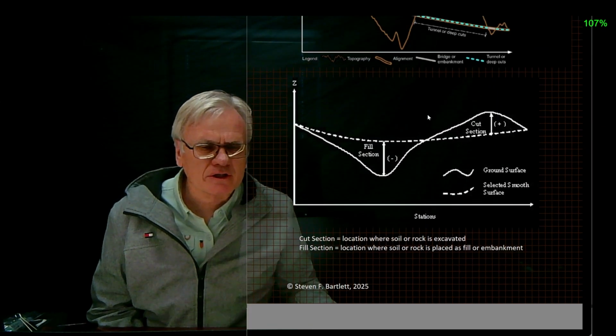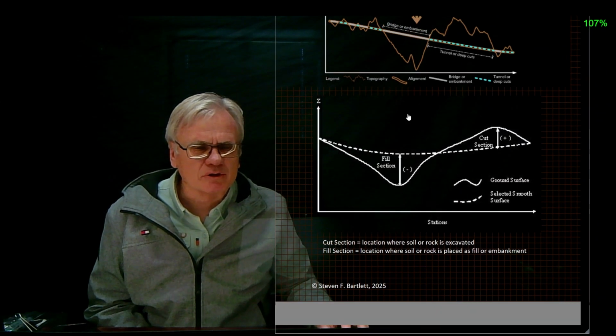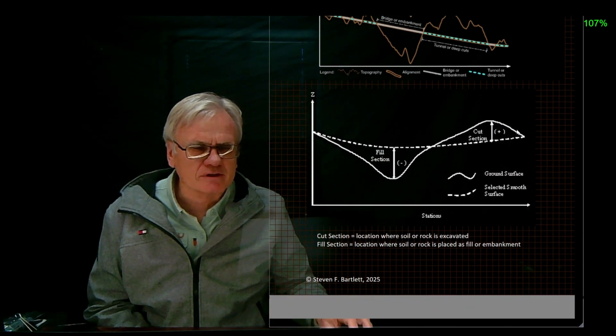So one of the things that we do in highway design is we try to balance the cut and fill so that the amount of excavation that we would do in the cut section, we could transport it over and fill in this gully or draw or valley.